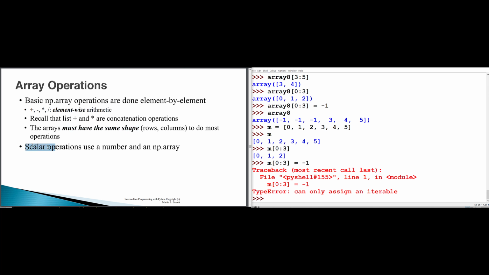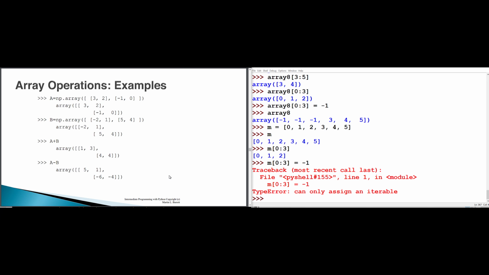We can also do scalar operations on all of the items within an ND array. Let me show you some examples of this to make this a little more real. Okay, I'm going to create an array called A, according to the illustration shown here at the top of the page.